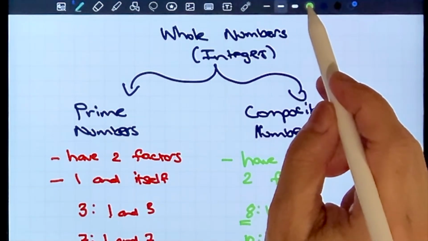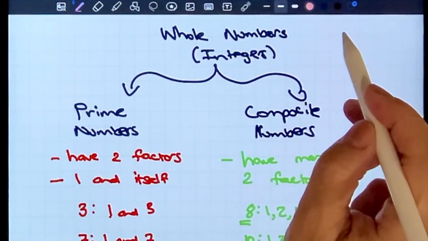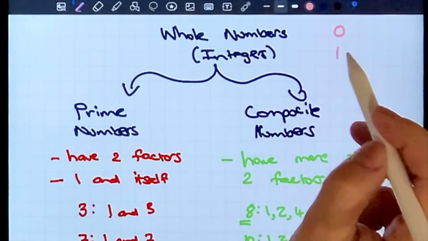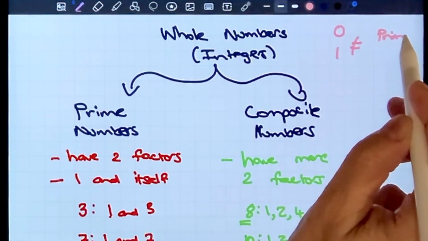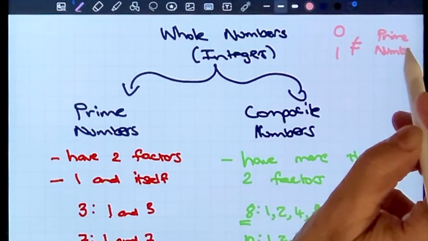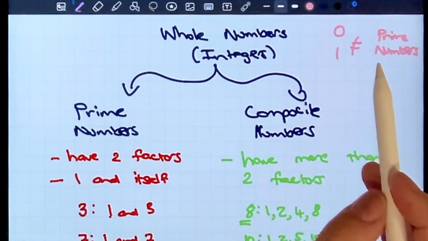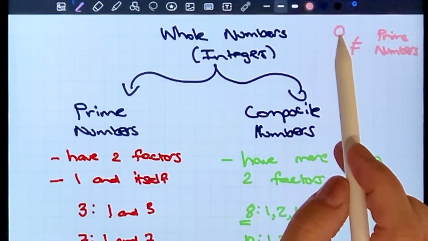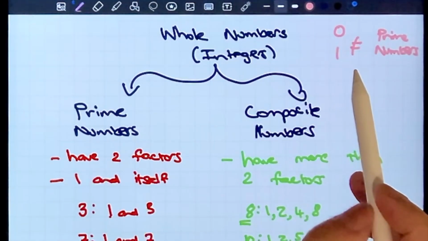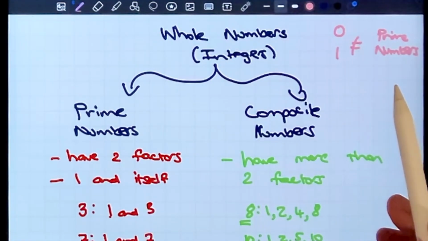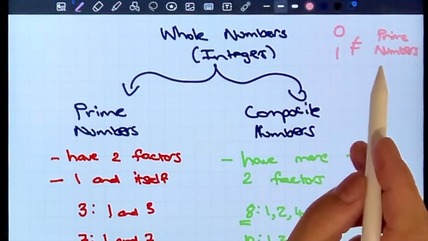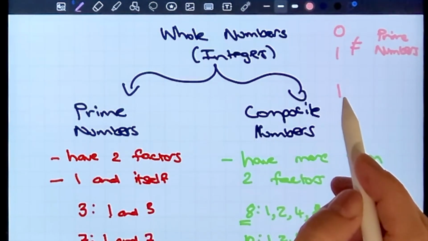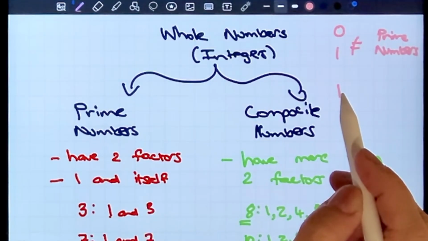Now it's worth pointing out that 0 and 1 are not prime numbers. So let's have a look at why. 0 does not have 2 factors, and with the number 1, students often do make this mistake because they think that 1 goes into 1 and itself, right?